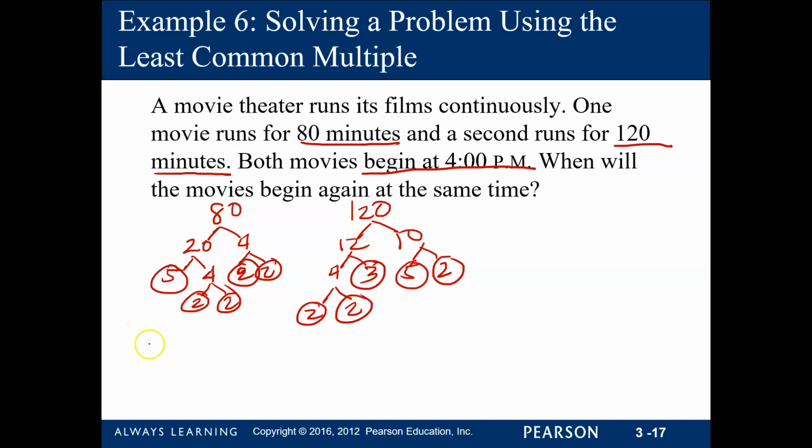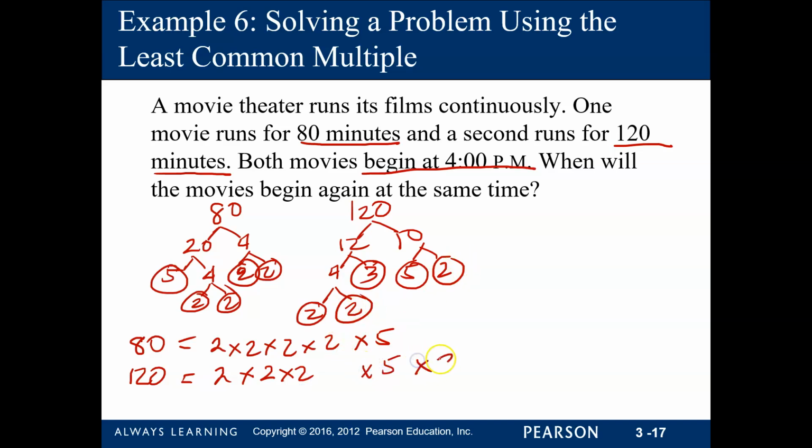So in this case, you have 80 and 120. You have four 2's, 1, 2, 3, and 4, and one 5. You have three 2's, times 2, times 2, times 5, and then you have a times 3. Okay? So, in this scenario, we only need the LCM. When will they be common again?